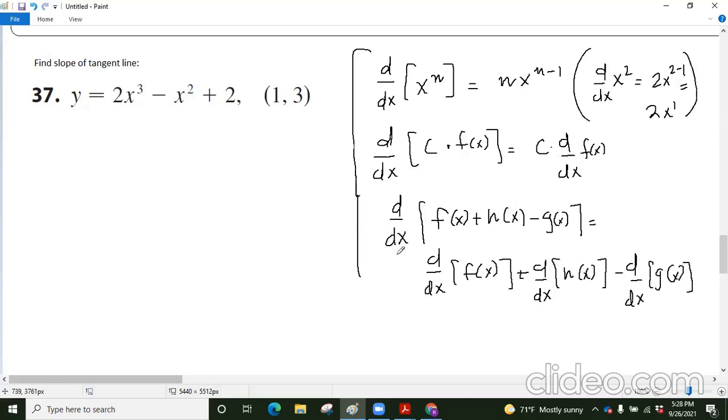So it's like you're breaking that derivative down. We'll take the derivative of this, take the derivative of this, and then take the derivative of this.